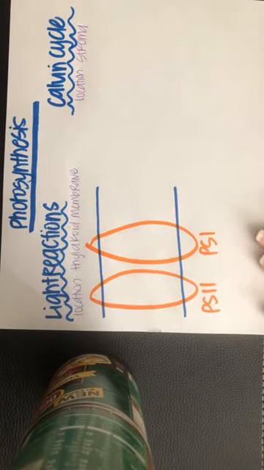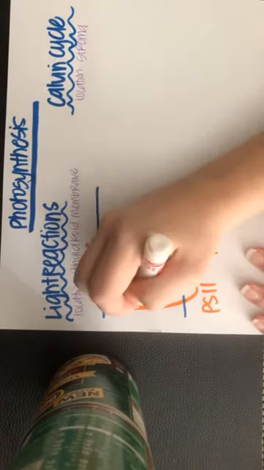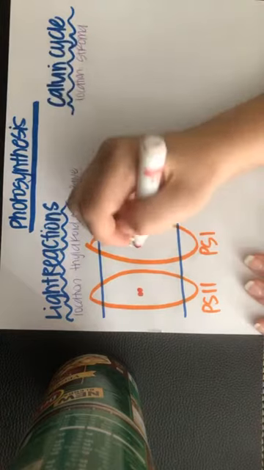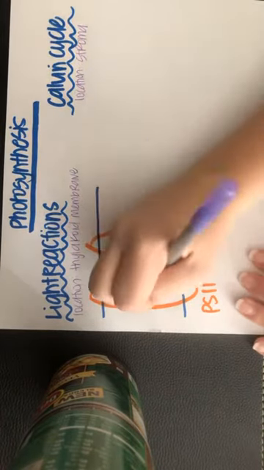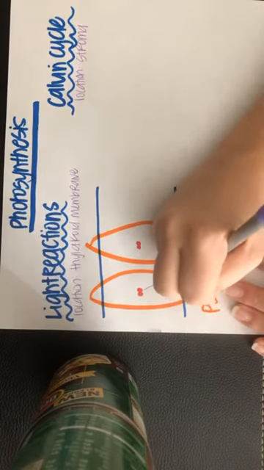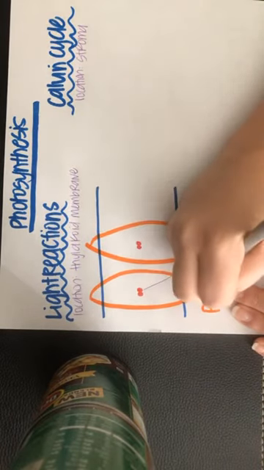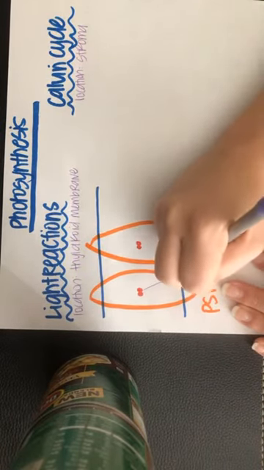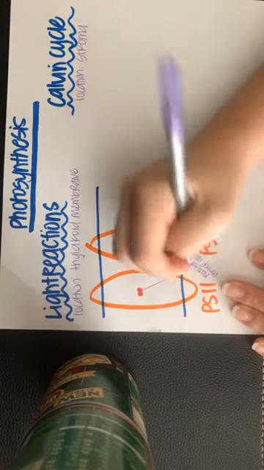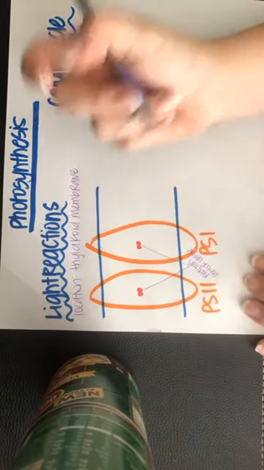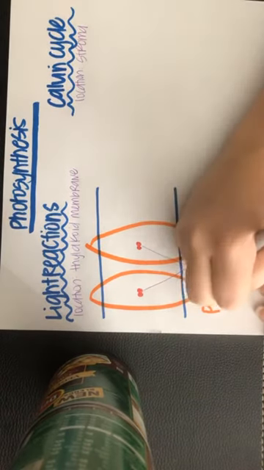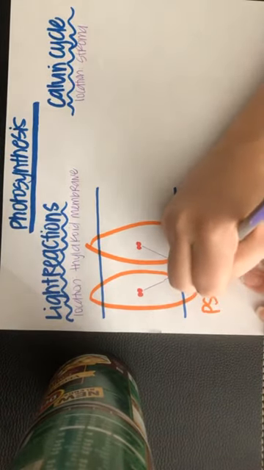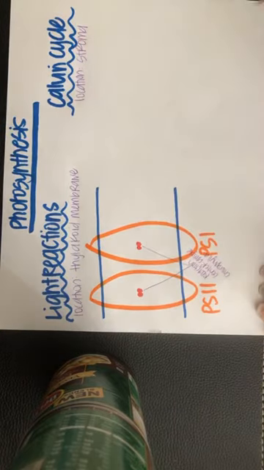In the middle of these photosystems, you've got this reaction center complex that's made up of something called chlorophyll, which is just a pigment, and it's actually chlorophyll A that we have there.